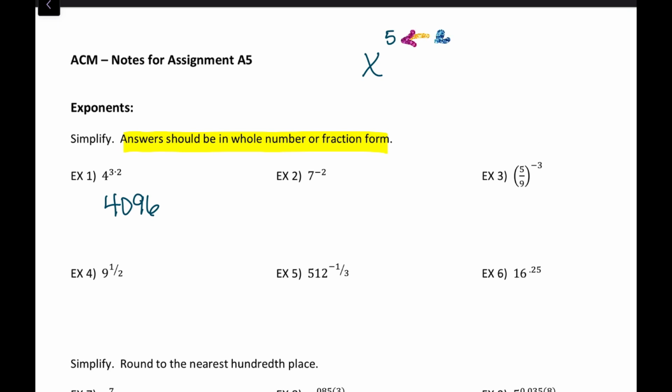This is your exponent, and this is your base, just so you have those parts and pieces. The exponent tells you how many times you're going to actually multiply out the base. But we don't have to know those rules because we're just going to let our calculator take care of things for us.